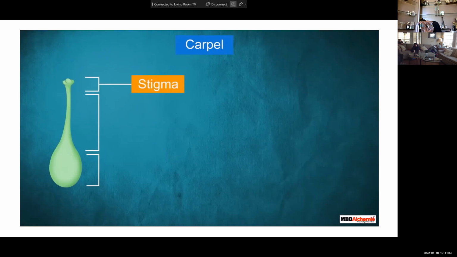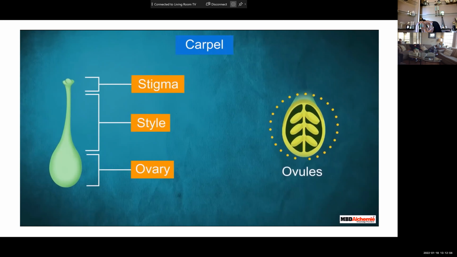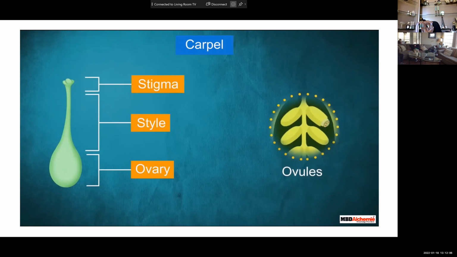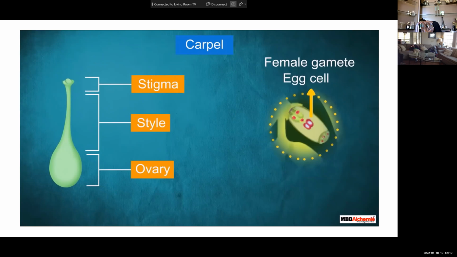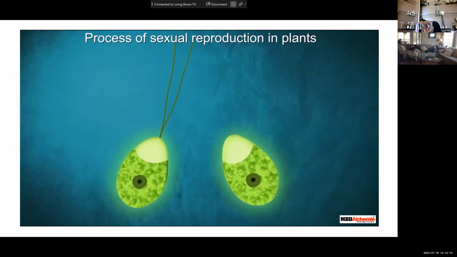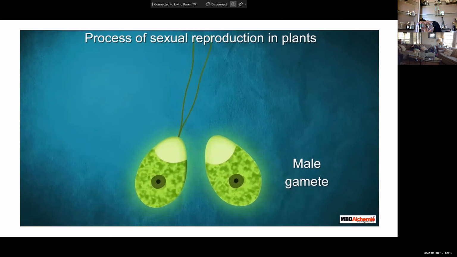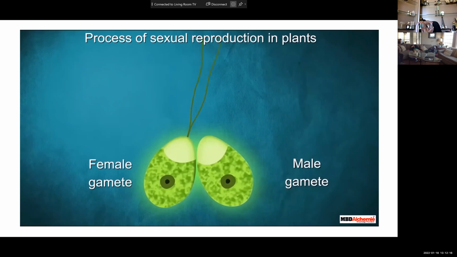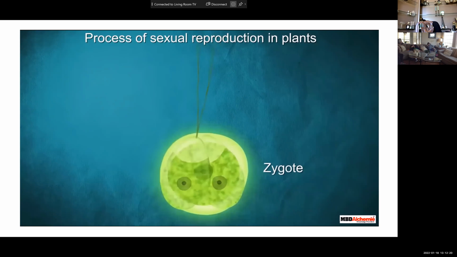The middle elongated part is the style, and the swollen bottom part is the ovary. Inside the ovary, ovules are present. It is the ovule that has the female gamete called the egg cell. For sexual reproduction to take place, a male gamete is to be fused with the female gamete, thereby forming a zygote.